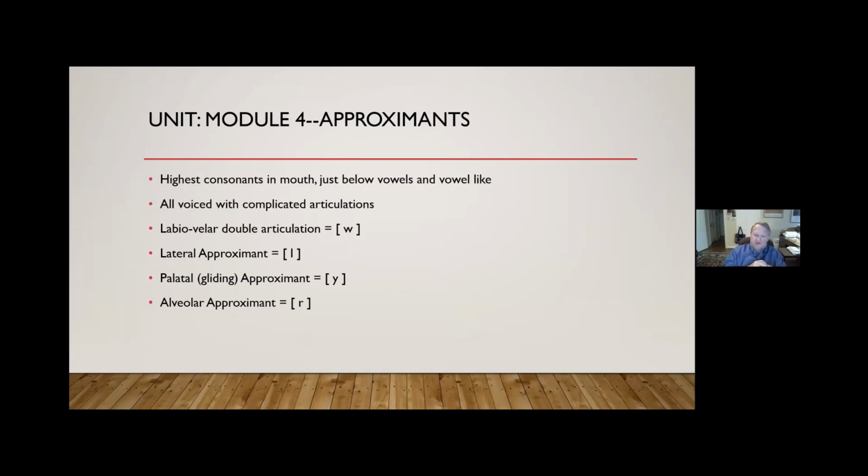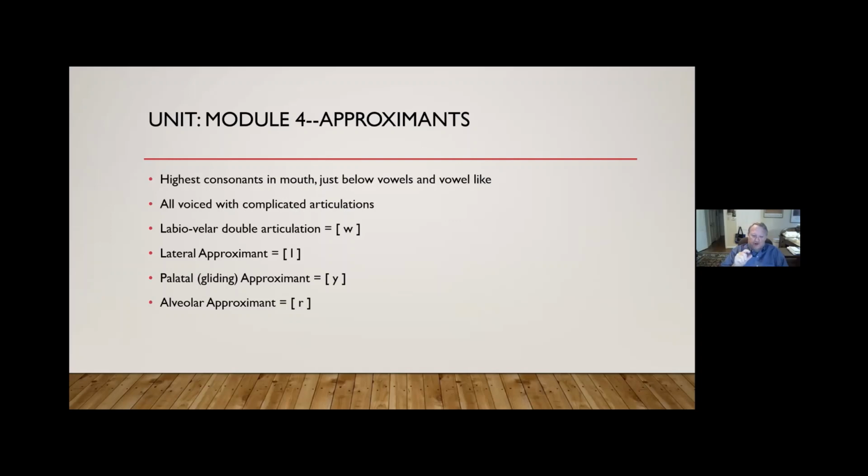So let's do the first one, which is W. And this is a complicated sound because it has 2 articulations, 2 places of articulation. Bilabial and velar.